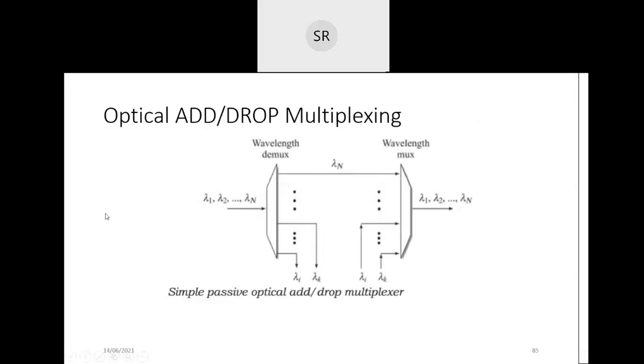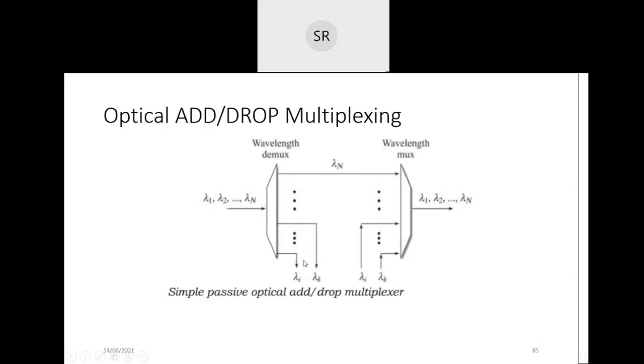Simple principle of an optical add drop multiplexer. This is about the wavelengths L1, L2 to Ln, the nth wavelength. It removes Li to K, and then it adds Li to K, and we get L1 to Ln. That is the adding and dropping.